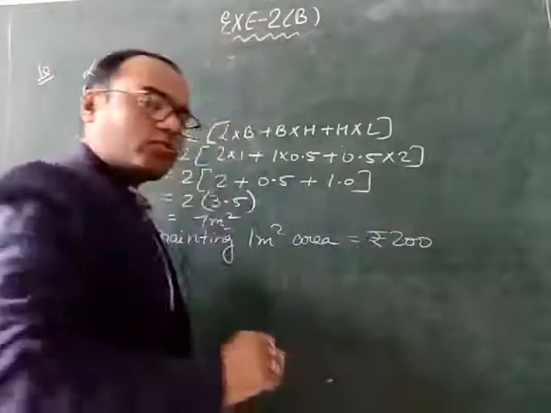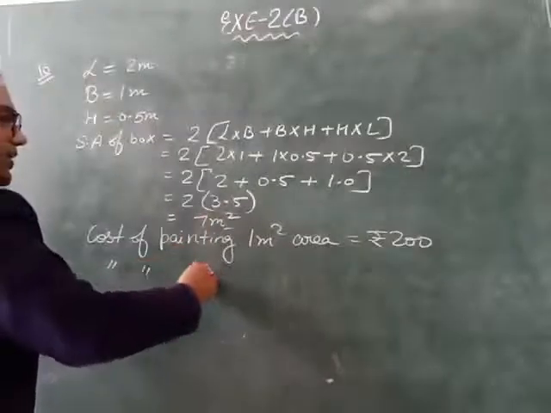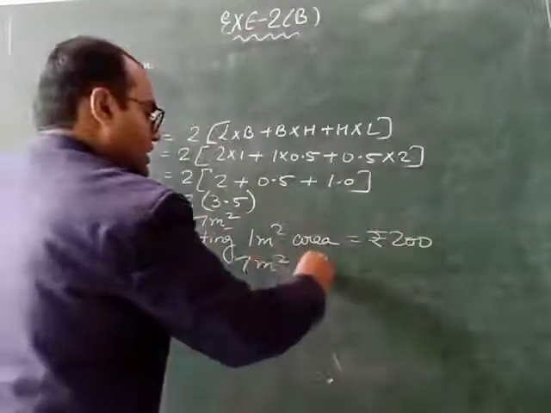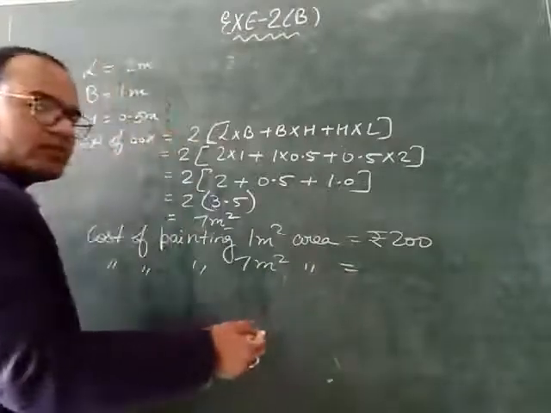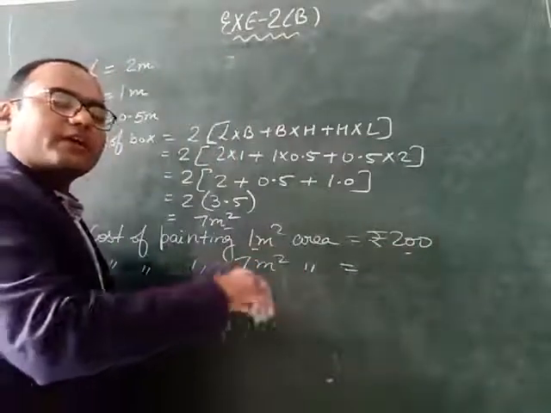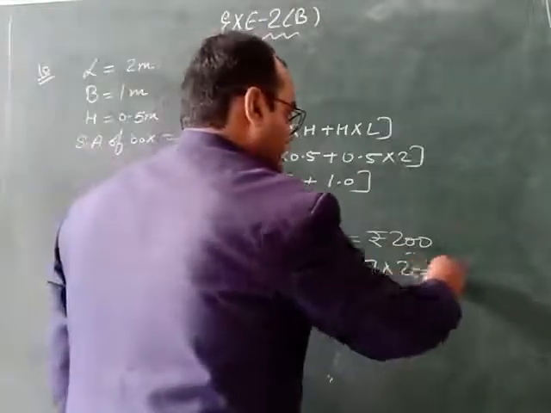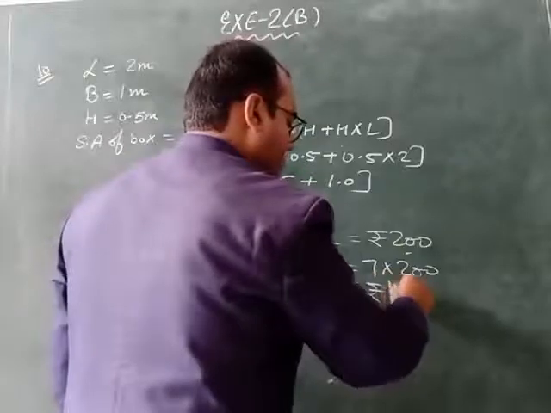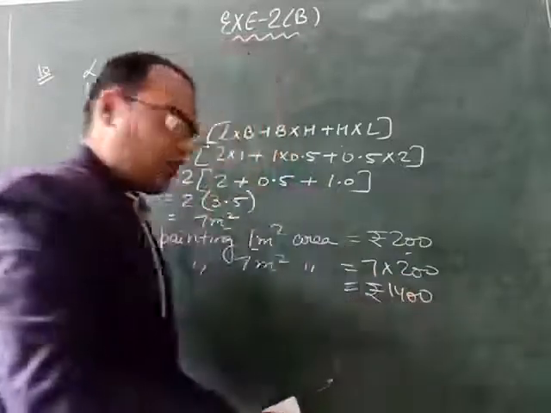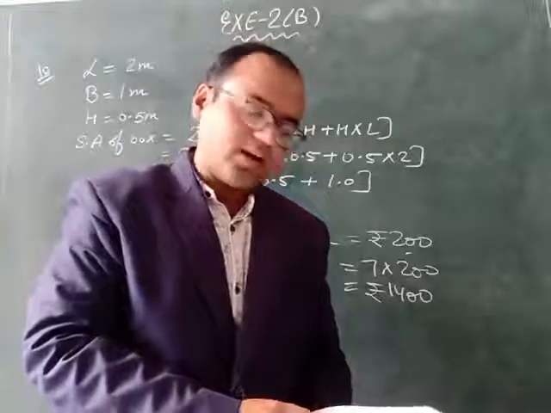But our total area which we have to paint is 7. So the cost of painting 7 meter square area will be more. Less area, less cost. More area we have to paint, then more cost we have to pay. So 7 into 200, 1400 rupees we have to pay for painting the box. So like this you have to do question number 10.